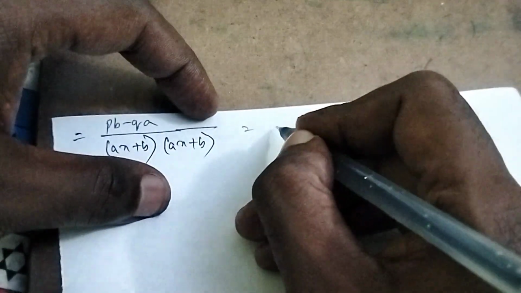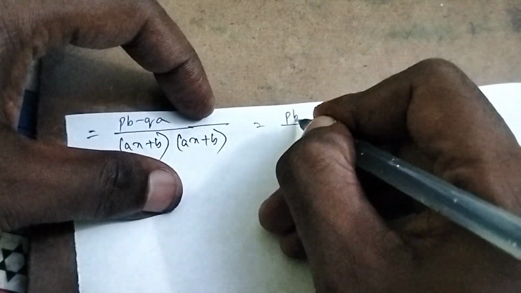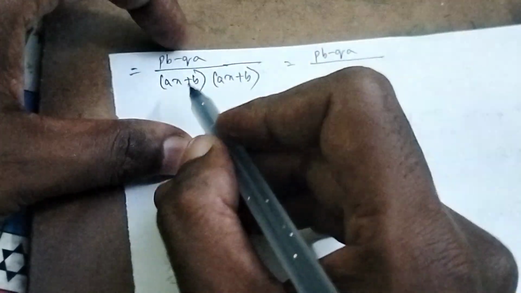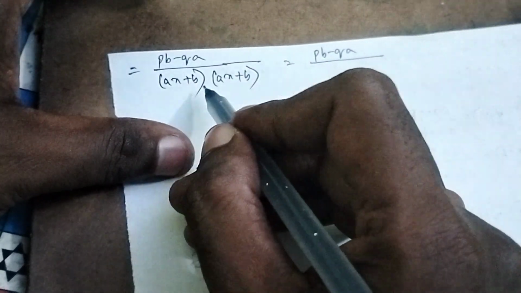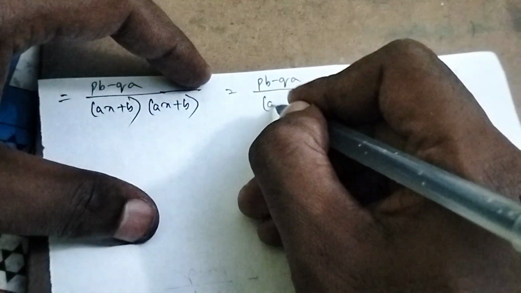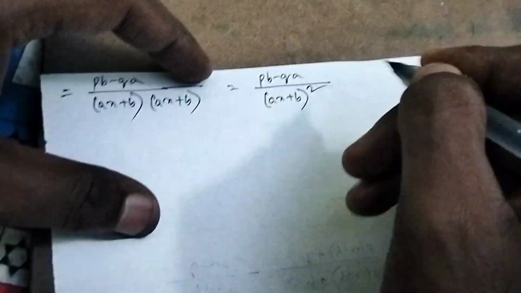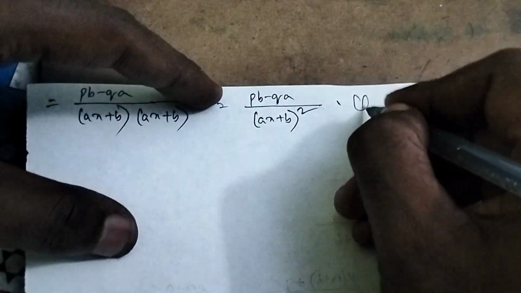So finally this answer is going to be (pb minus qa) by (ax + b) into (ax + b), which is (ax + b) whole square, and this is the answer.